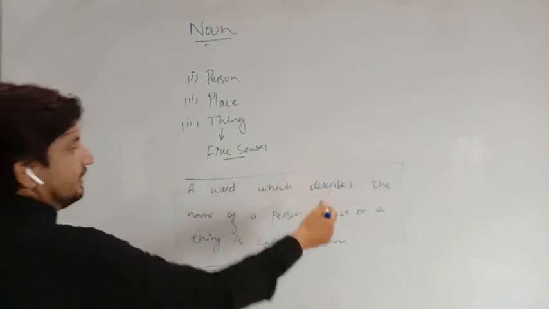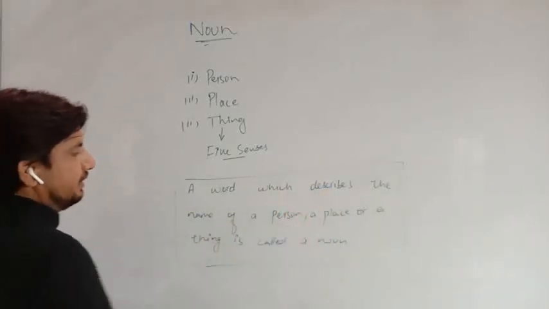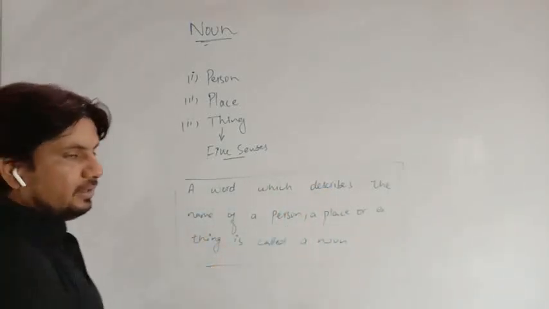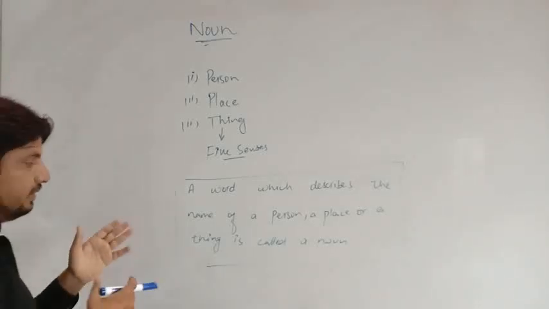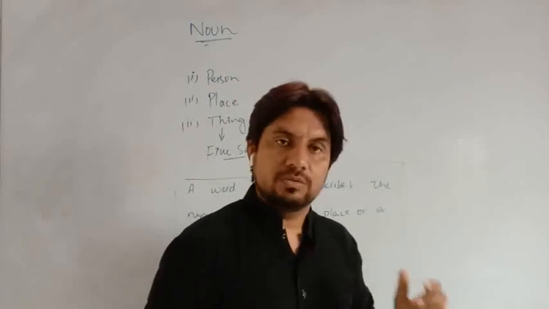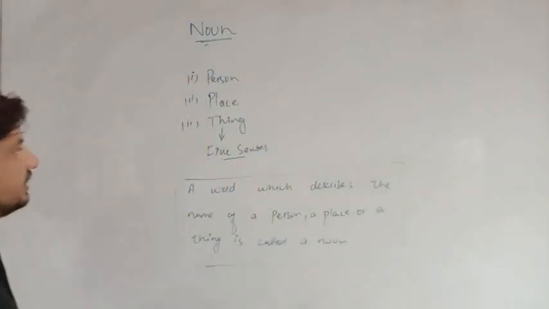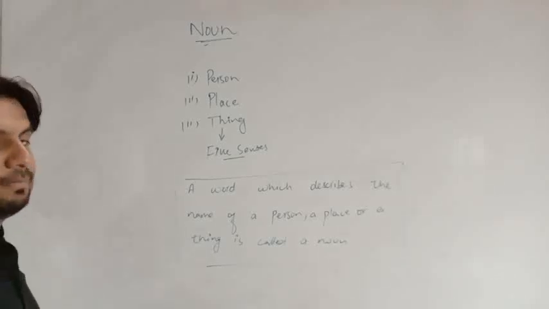So the word which tells the name of a person, a place or a thing is included in the list of noun. It is called noun. Right now you can take a screenshot of it, and after that I am going to tell you more about this topic with the help of examples.